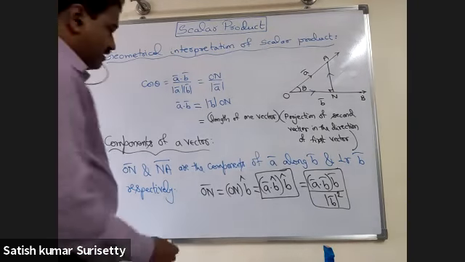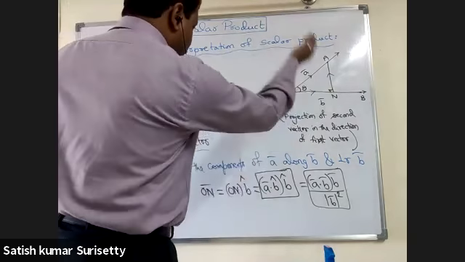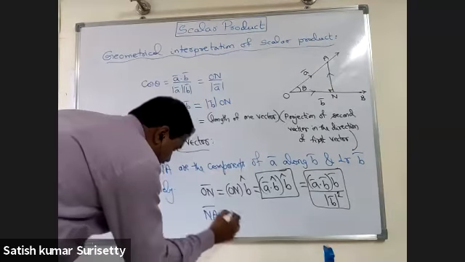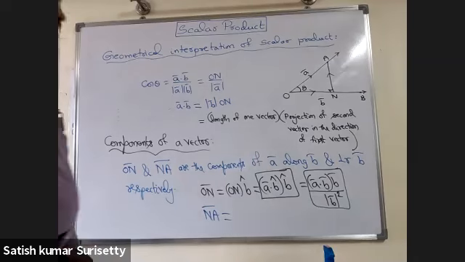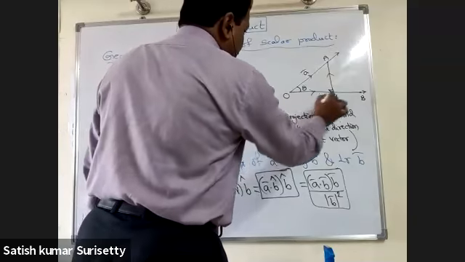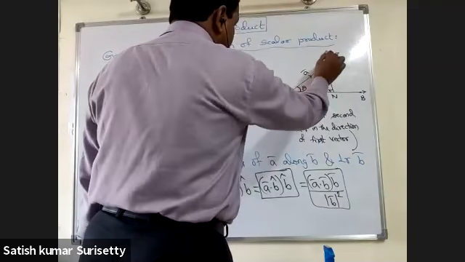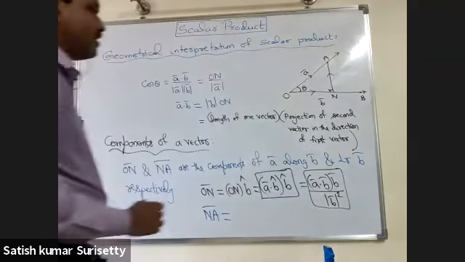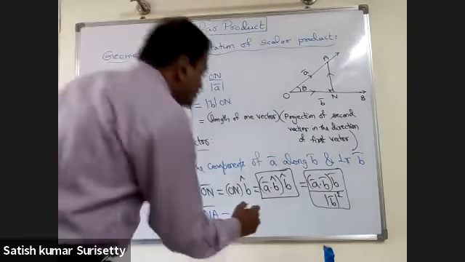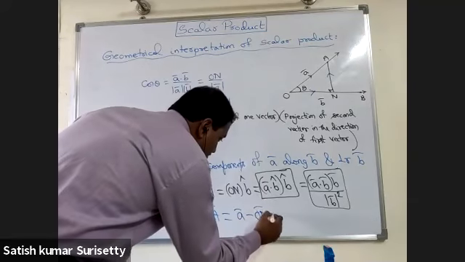Next, the vector component of A bar perpendicular to B bar, that is NA bar. So NA bar can be written, using the triangle property, as ON bar plus NA bar equal to OA bar. That means NA bar will become A bar minus ON bar.